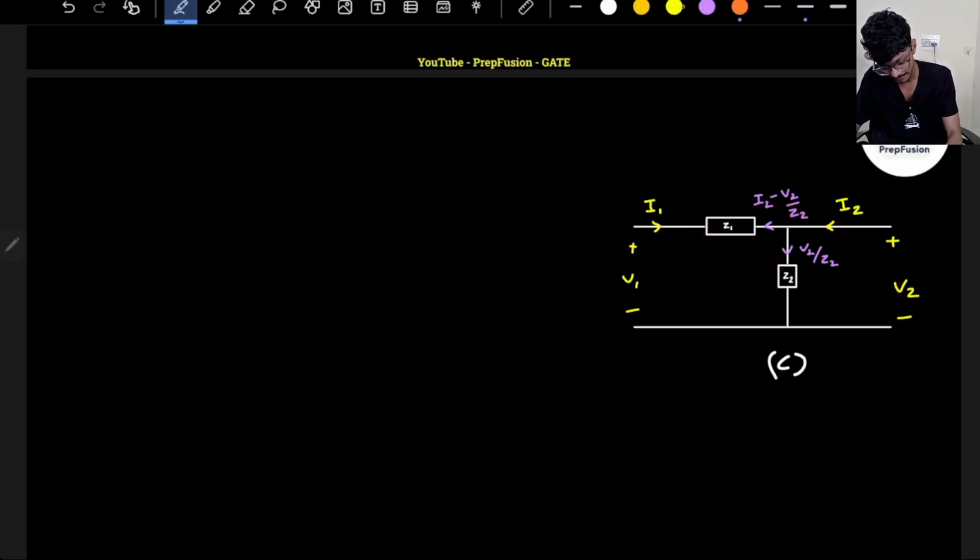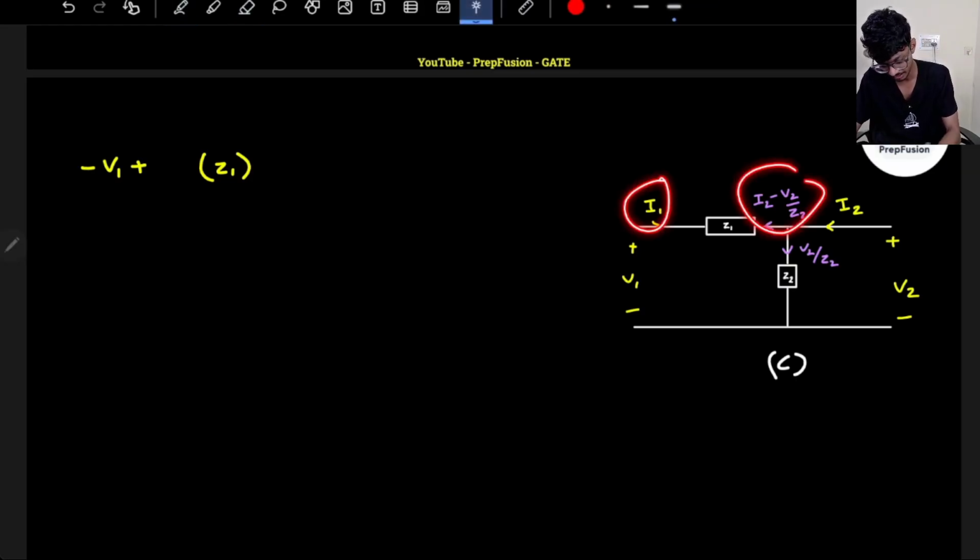Basically I can write minus V1 plus I1 into Z1, not I1, sorry, because I want to write in terms of I2.